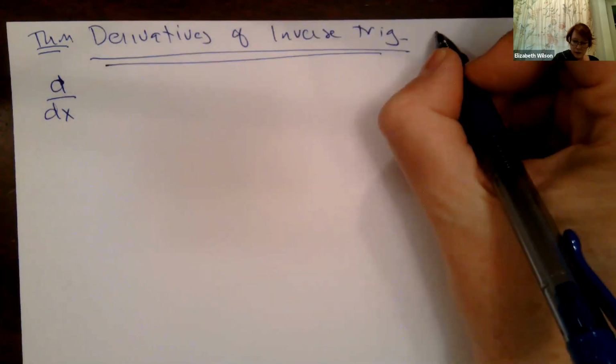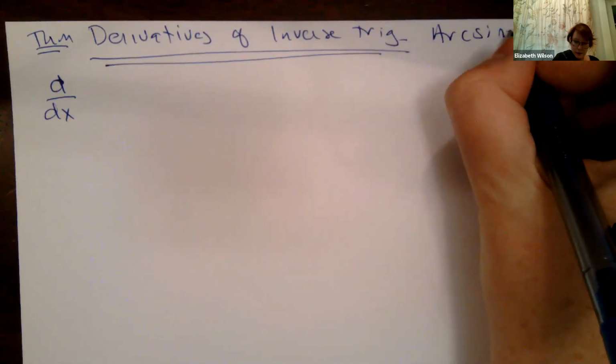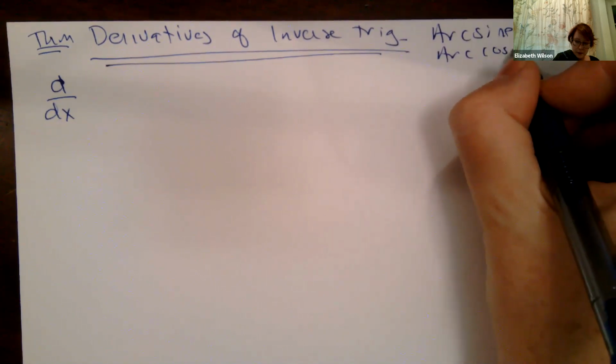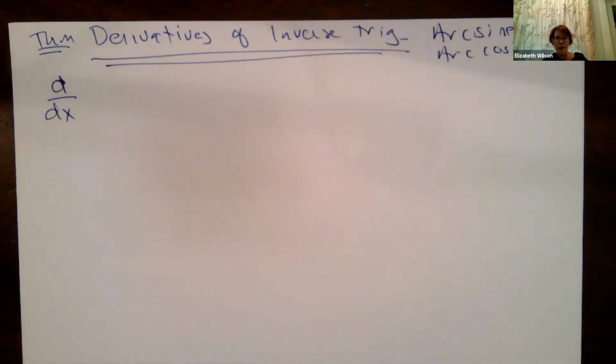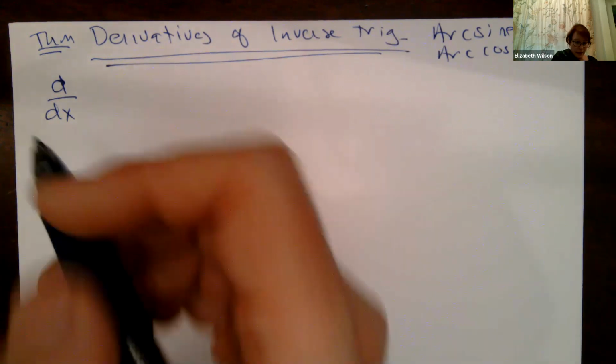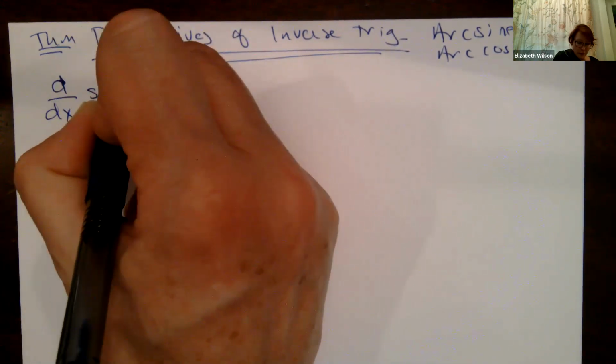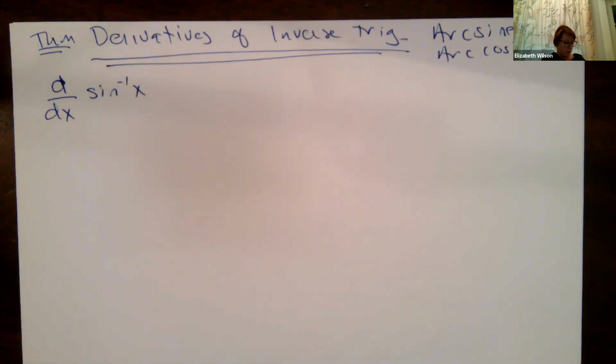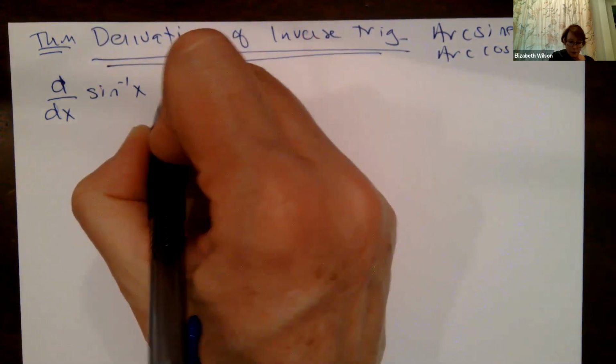We can call these arc sine, arc cosine, arc tangent, or you can write it with a -1. I understand that they're synonymous, so whichever one you want to use is okay.